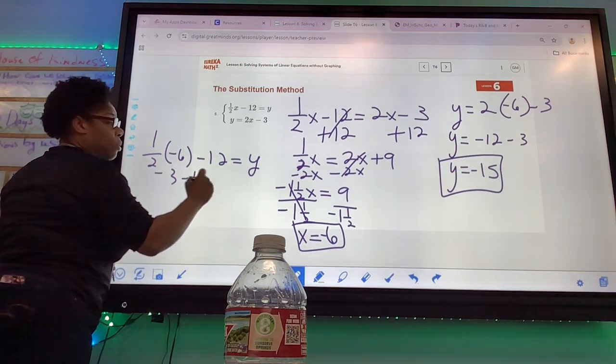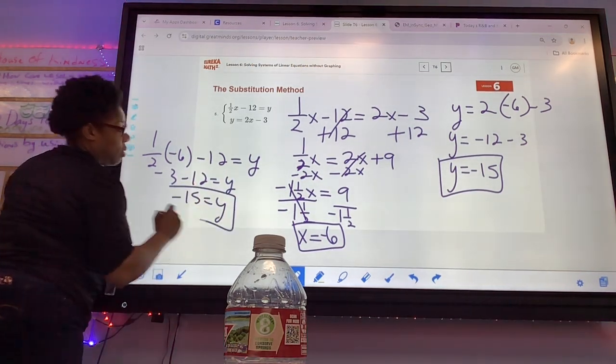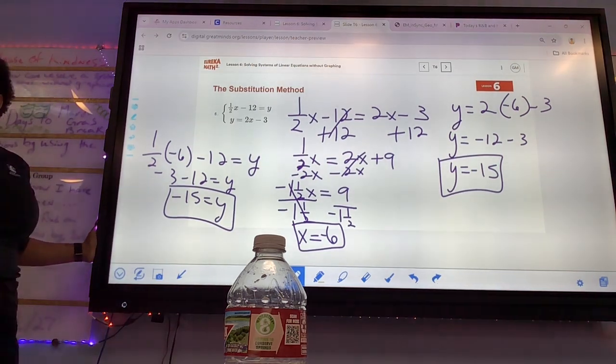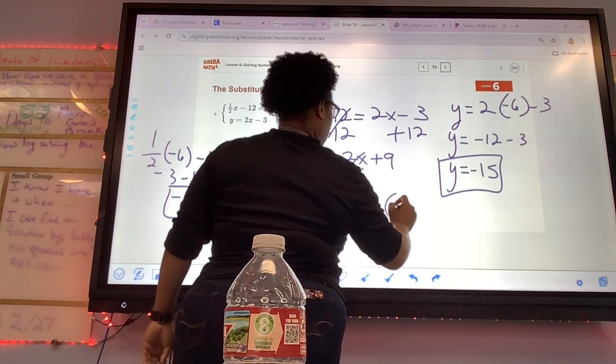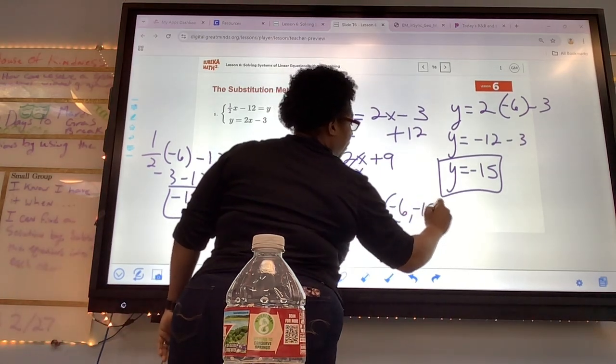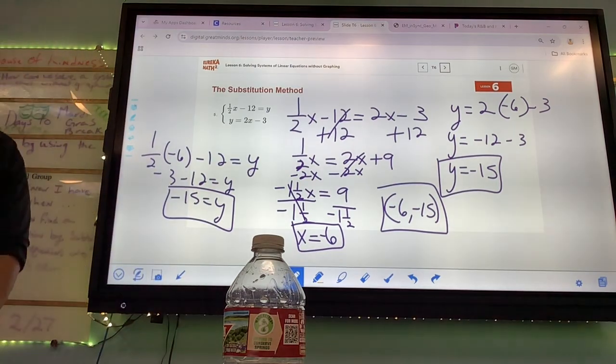Negative 3 minus 12 gives me negative 15 regardless. Am I done? You have to write it as a coordinate. So it's going to be negative 6, negative 15. And that's my answer.